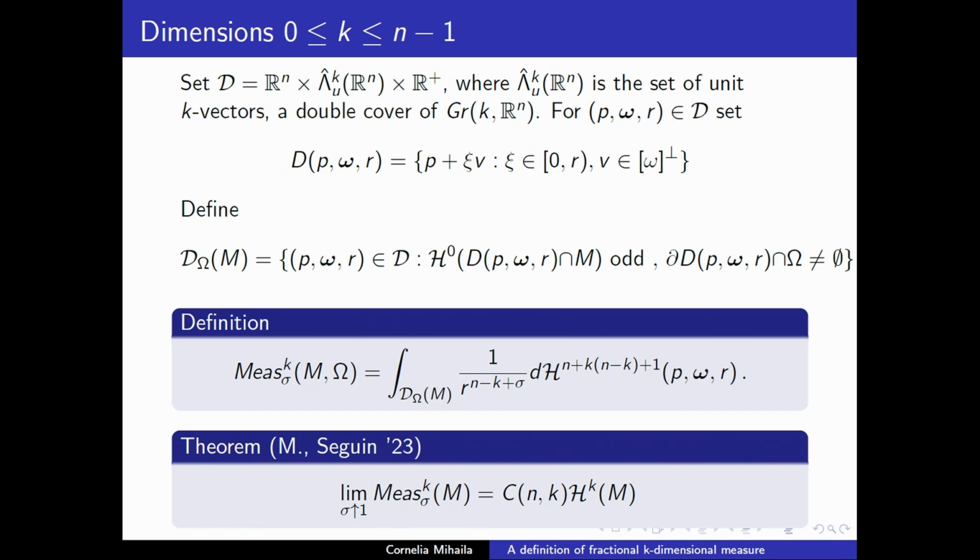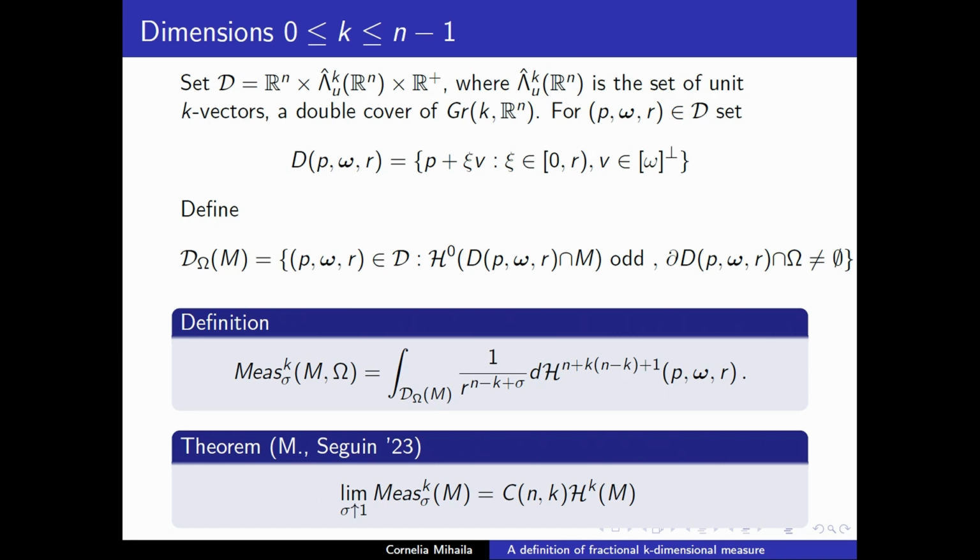Simple just means that this map can be represented in terms of one of those wedges of k many vectors. And then I'd like it to be unit length, because I don't want to have to worry about scaling. And the most important thing is that this space, by thinking about this analog, can be seen as a double covering of the space of Grassmannians, k-dimensional Grassmannians in R^n. So this is describing my perpendicular space.